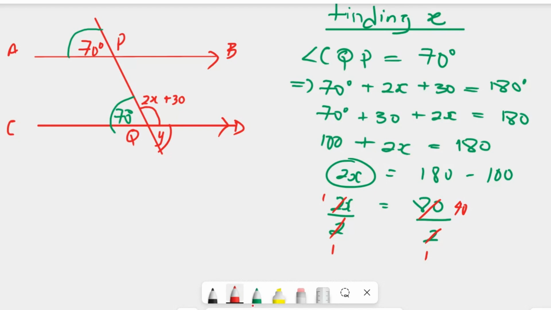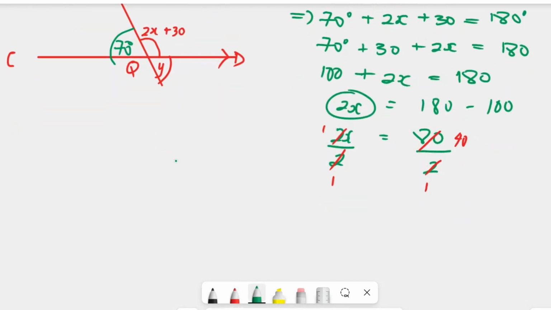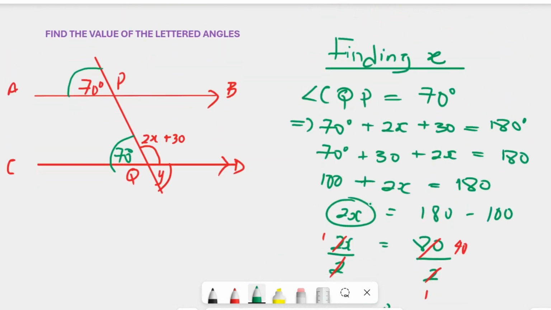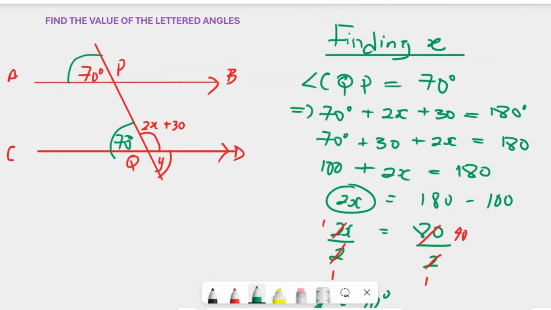So that means x is equal to 40 degrees. That's the value of x.